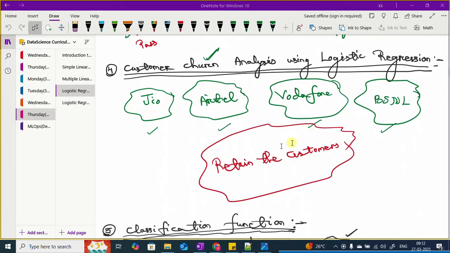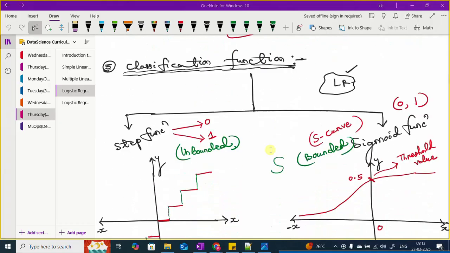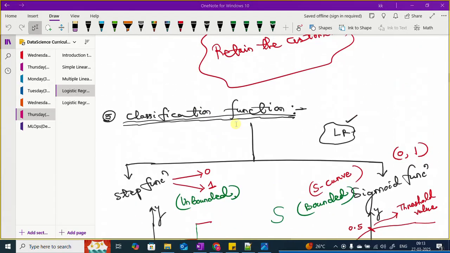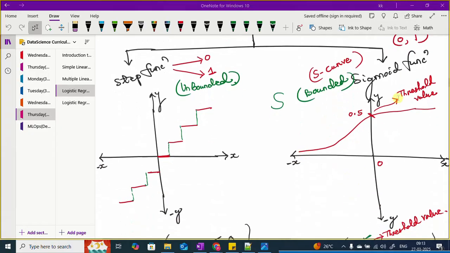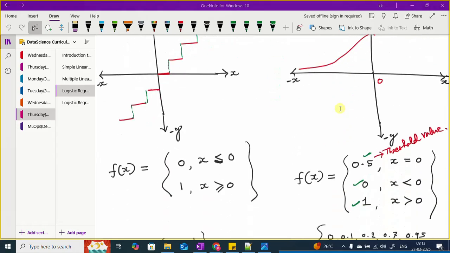Then customizable analysis, I'm giving a certain introduction, that I will cover extensively. Then as part of today's class, under classification function, we have seen the step function and the sigmoid function. Sometimes we call the sigmoid function an S curve as well, because it looks like the English letter S. Basically the step function is unbounded, but the sigmoid function is bounded.